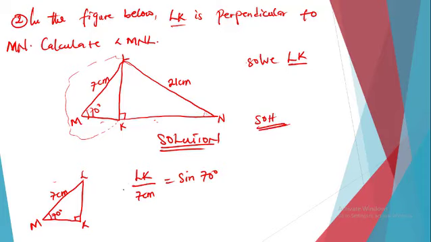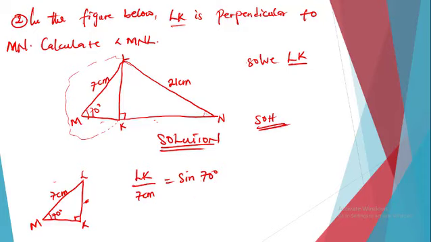Our opposite here is the line facing the given theta, the given angle. Our given theta here is angle 70 degrees, so our opposite is the line facing angle 70. Therefore opposite over hypotenuse is equal to sine theta. Now we have our hypotenuse to be 7 cm, and we have our theta to be what? 70 degrees. Do we now understand?